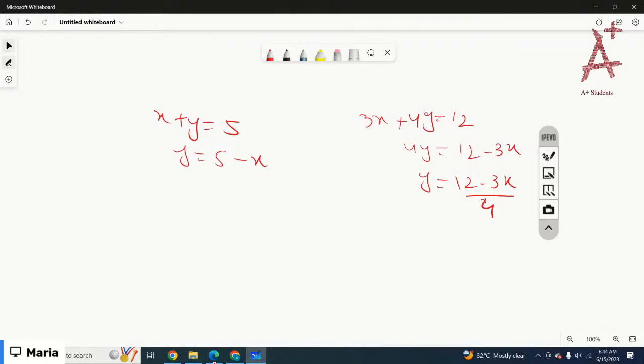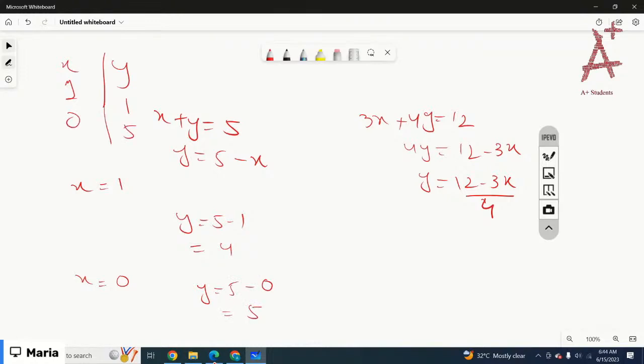Let's suppose x equals 1. Then y equals 5 minus 1, that is 4. I'm going to make a table here for equation number 1, x and y. X is 1, y is 4. X is 0, y equals 5 minus 0, that would be 5. Then x equals negative 1: 5 minus negative 1, that would be 5 plus 1, which equals 6.